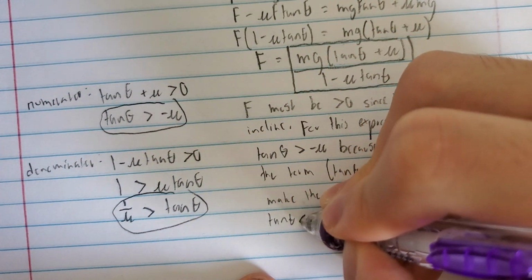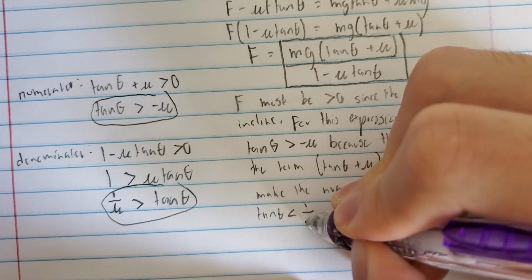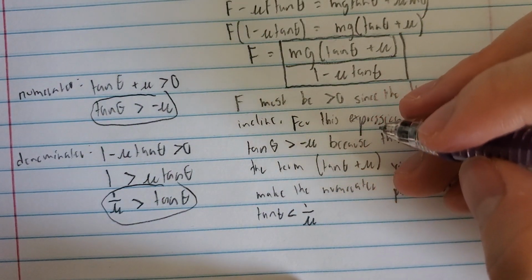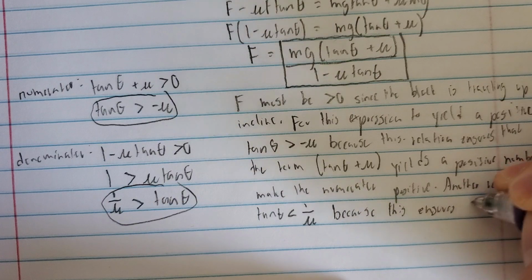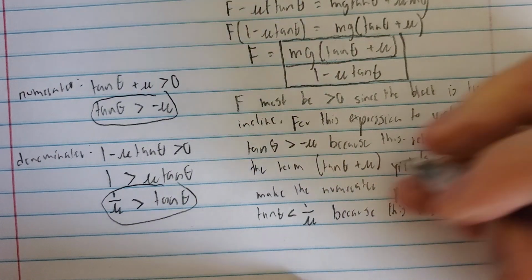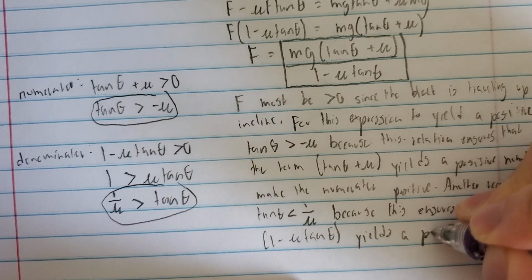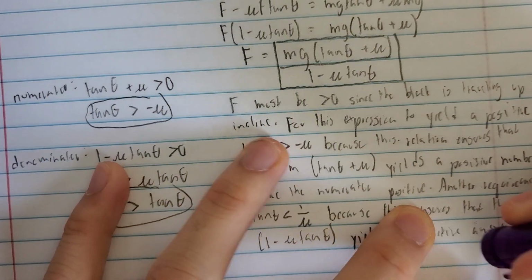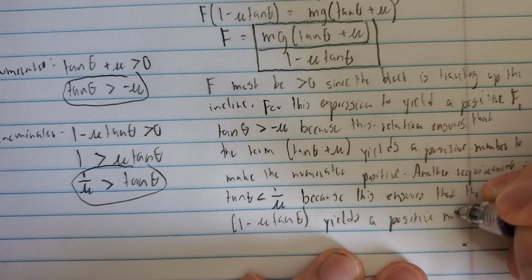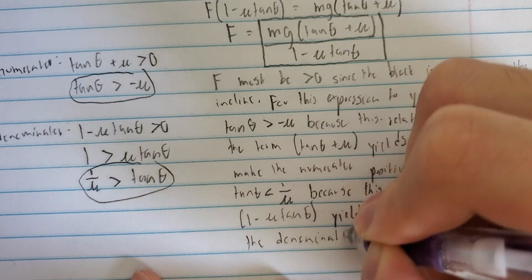Tan theta must be less than, I'm just flipping the equation around because I want theta to go first, so tan theta must be less than 1 over mu, because this ensures that the term 1 minus mu tan theta yields a positive number to make the denominator positive as well.